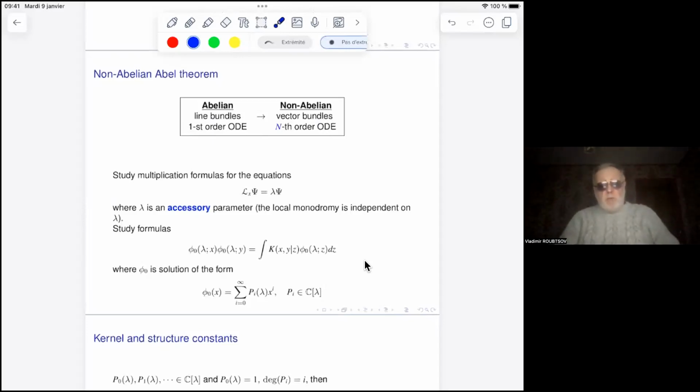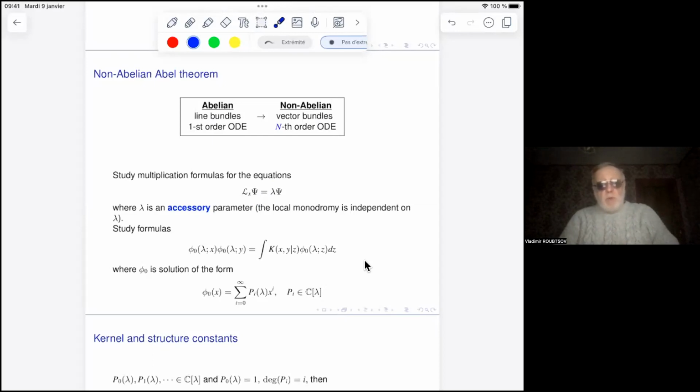So remember that we have an eigenvalue lambda for an eigenfunction psi, where L is some differential operator which enters into some ordinary differential equation. This eigenvalue we will call, following tradition, an accessory parameter. It means that the local monodromy doesn't depend on lambda.